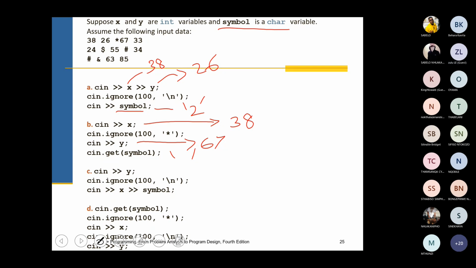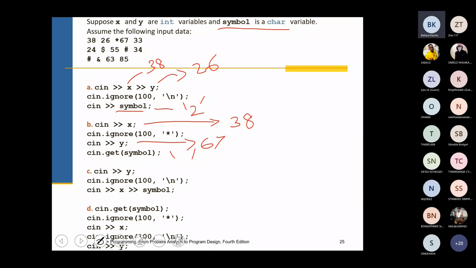After you printed 67, there is a cin.get(symbol), which is your character. Just the immediate character on the input, which is your space. So that's why symbol is going to take the value of a space.